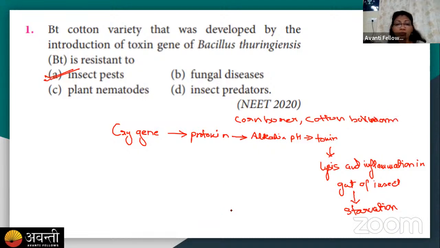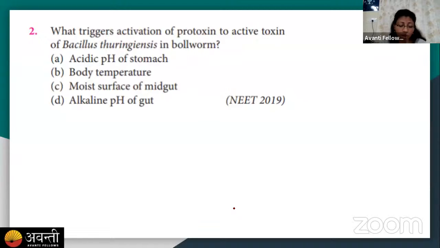Okay, let's move to the second question. The second question is: what triggers activation of protoxin to active toxin of Bacillus thuringiensis in bollworm?